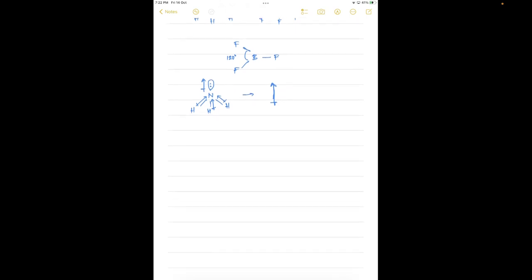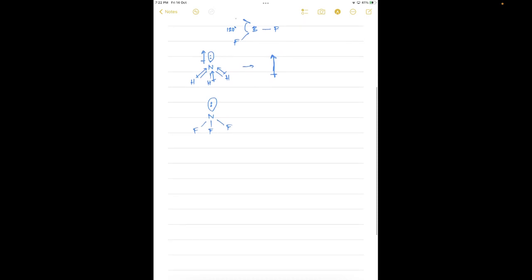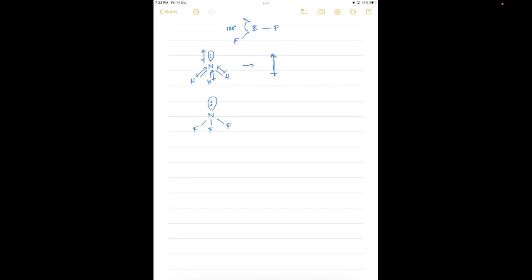Now let's look at the case of NF3. Now we know fluorine is more electronegative than the nitrogen atom. So fluorine will attract electrons more towards its direction. So it will attract the NF electrons towards this direction.